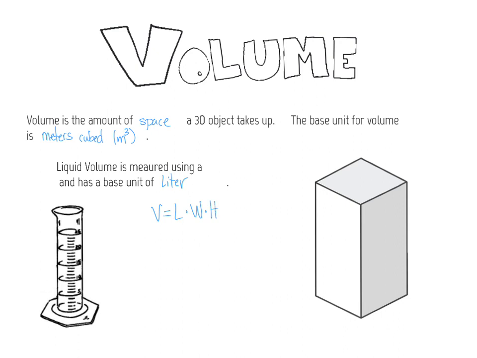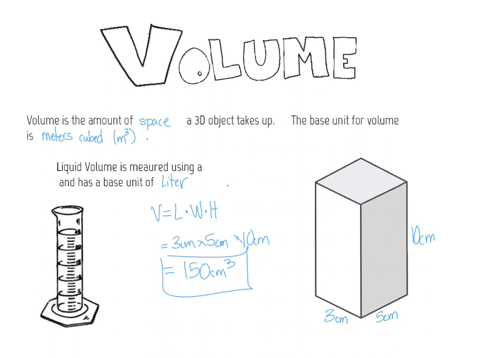So let's say the length is 3 centimeters, the width is 5 centimeters, and the height is 10 centimeters. Well, length times width times height would be 3 centimeters times 5 centimeters times 10 centimeters. 3 times 5 is 15. 15 times 10 equals 150 centimeters cubed. So that's how we would calculate the volume of a cube.